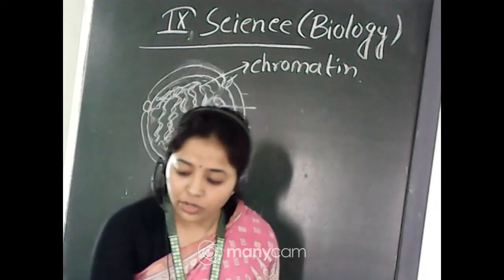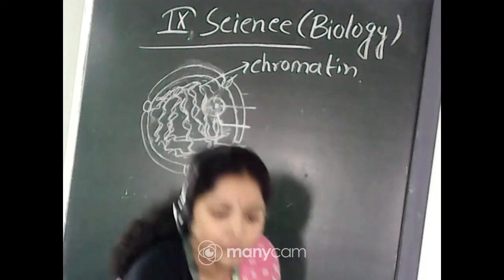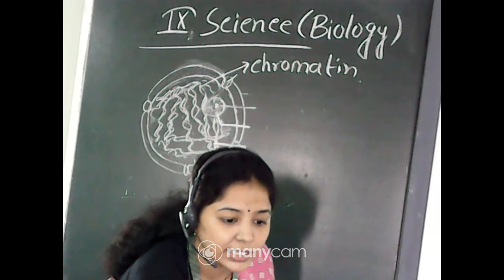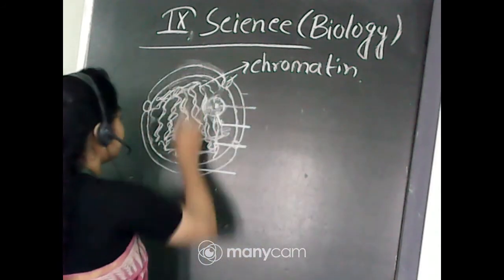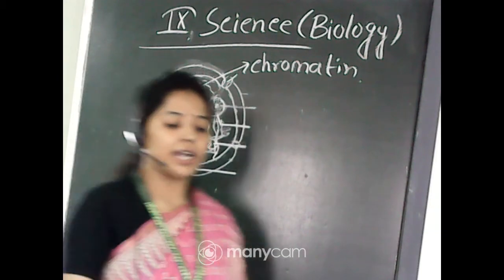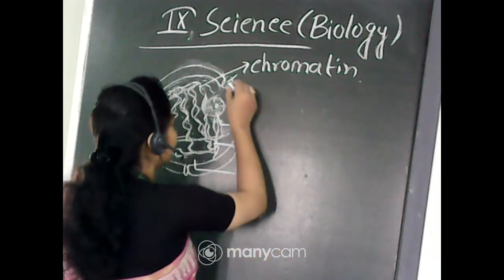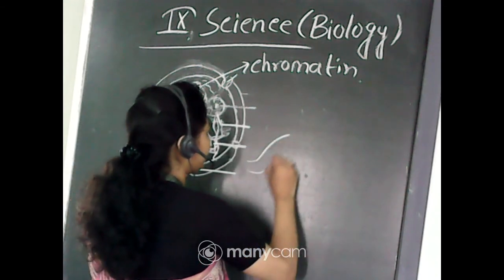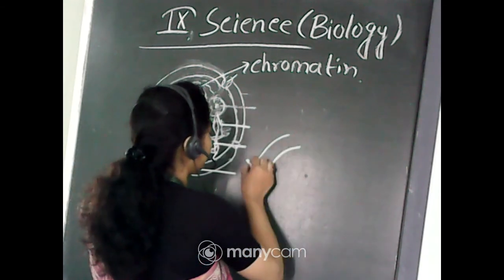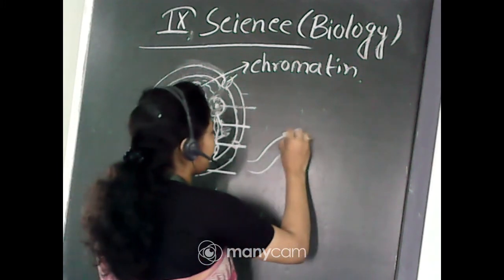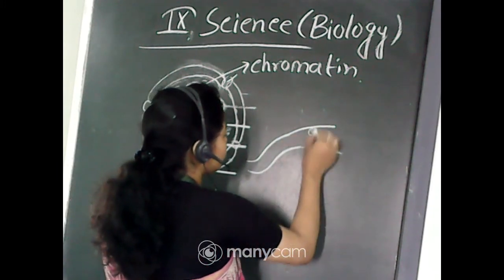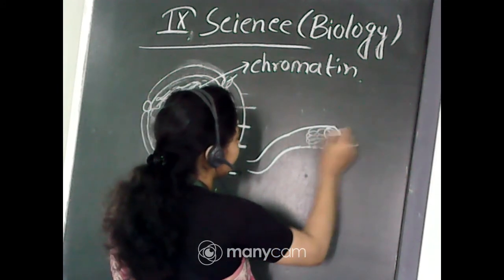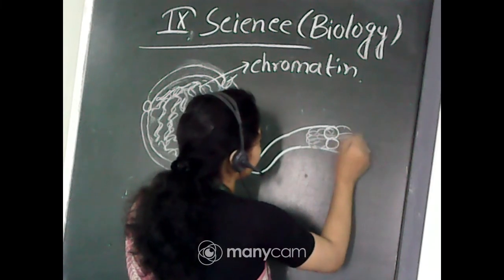Okay. So let's start with the chromatin structure. I have told you, chromatin is like a nuclear reticulum inside the nucleus. This is an enlarged view of chromatin, and here so many proteins are there, histone proteins along with DNA.